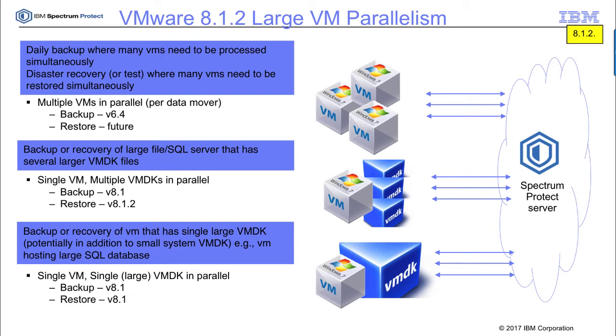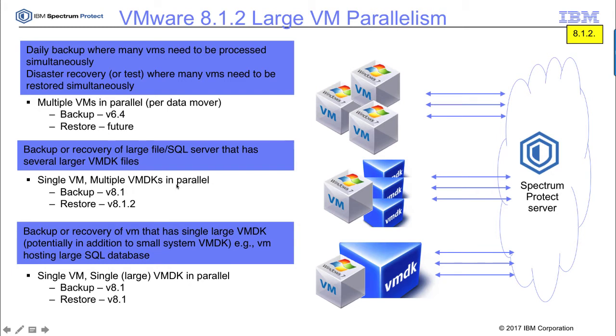Now, as far as restore goes, that's something that we've been adding as we go along. So in version 8.1, we added a parallel-based restore for a single VM with a single large VMDK. And the new addition in version 8.1.2 is a single virtual machine with multiple VMDKs on it.